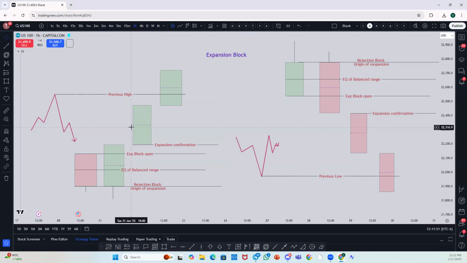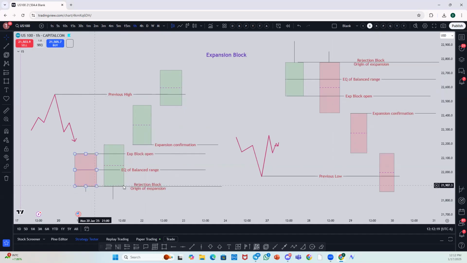So how do we read this? Well, this, as being the theme of the mentorship, is a balanced range inside of here. So once we start expanding, the key levels to look for are going to be the origin of this expansion, which starts with this lowest bullish candle and this highest bearish candle.